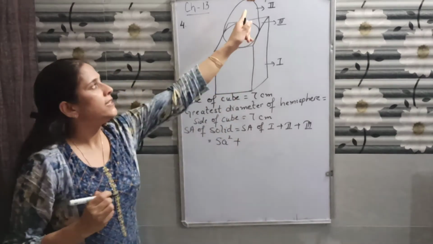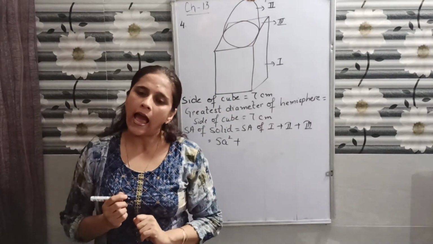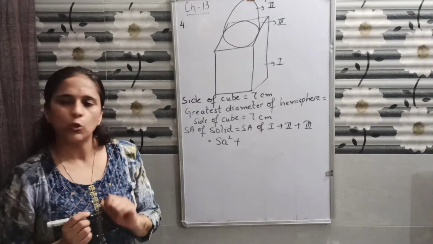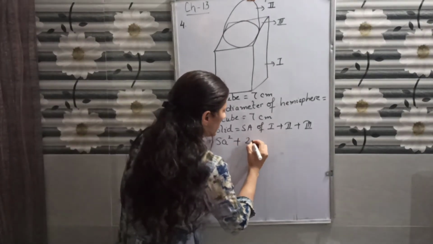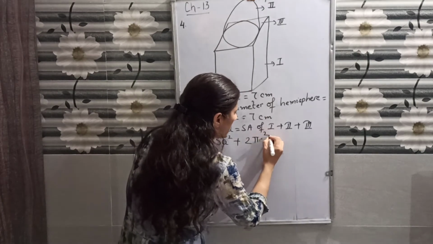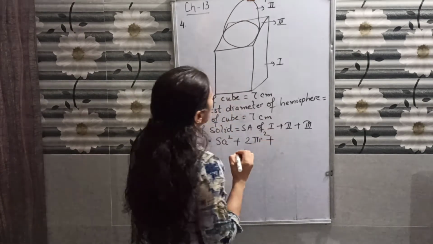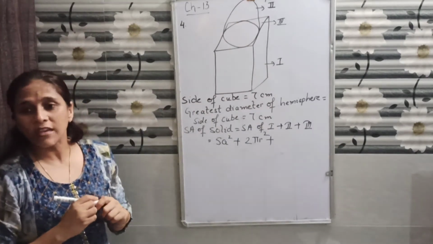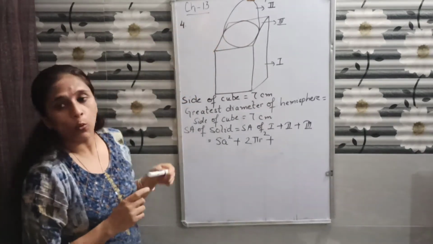Then the second one is the hemisphere, and the surface area of a hemisphere is 2 pi r square. Is this fine with you? Now comes the third one. In the third one, as you can see, you have a square.